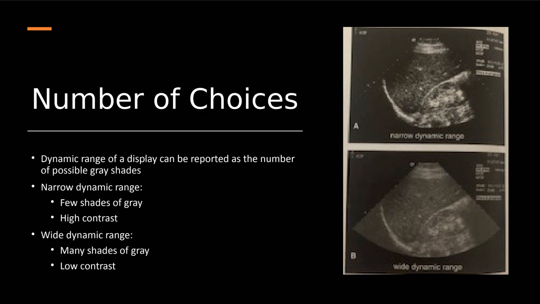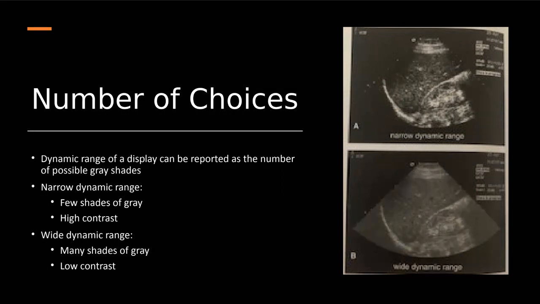The more shades of gray we can process and display, the lower our contrast is going to be, but the better our contrast resolution will be. It's giving us more information, right? It's giving more unique information, individualized, whereas high contrast images are giving us fewer shades of gray. It's more black and white, right?